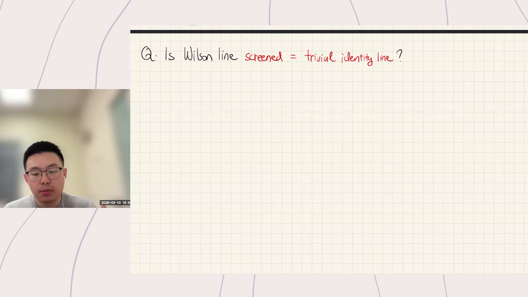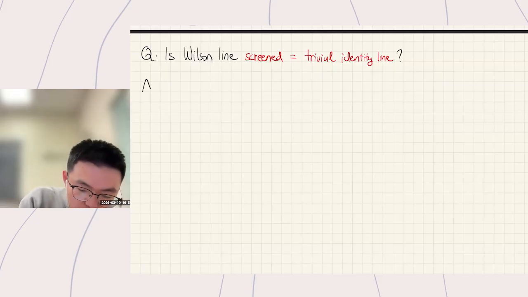When I say screened, it just means that it flows to the trivial identity line. If it just flows to the trivial identity line, then there's nothing interesting to do with this Wilson line. It's not interesting to even ask how to describe this Wilson line in the chiral Lagrangian.